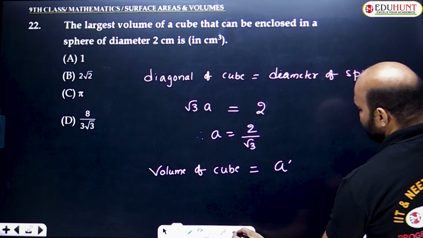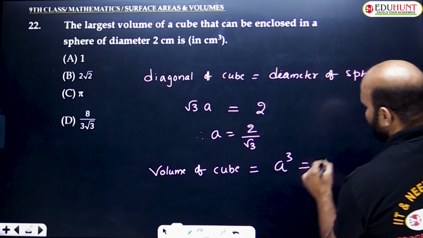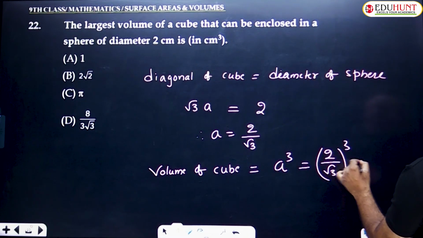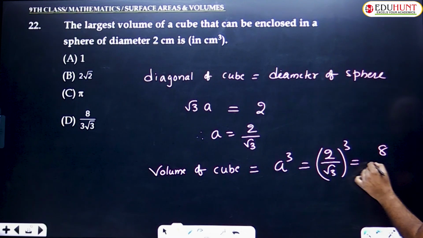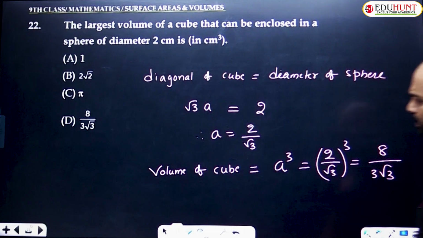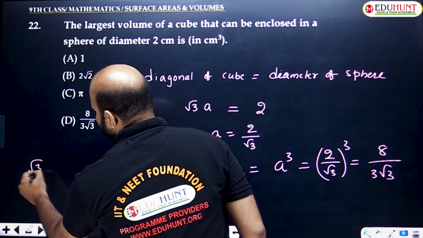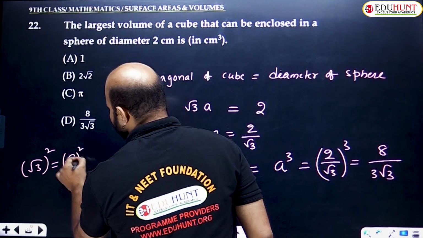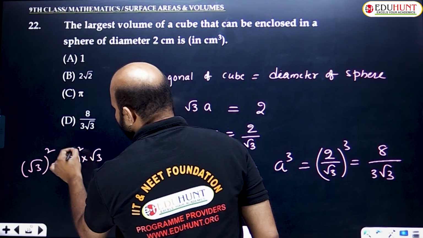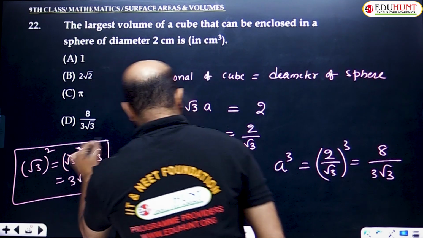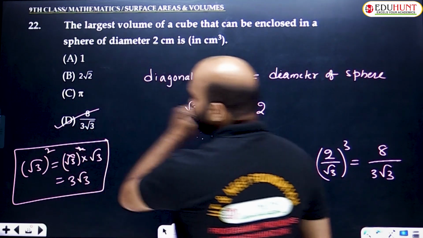So a value is 2 by root 3, whole cube. 2 cube is 8, and root 3 whole cube can be written as root 3 whole square into root 3. The square and root cancel, so 3 root 3 is the required value. Am I clear? So 8 by 3 root 3, option D is the right answer.